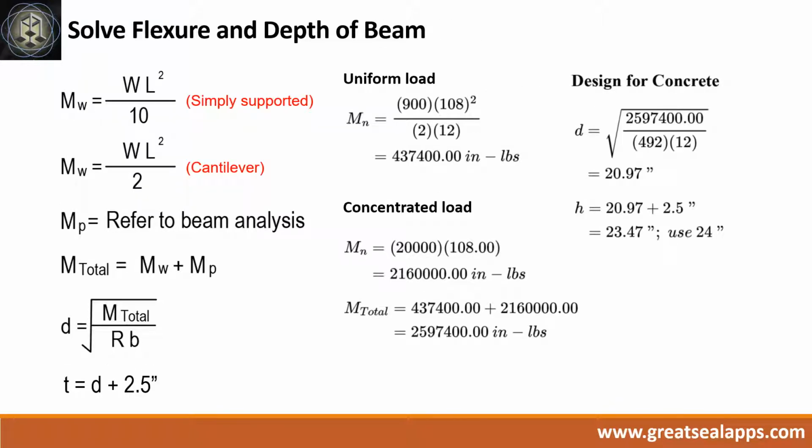Given W equals 900 pounds per foot, P equals 20,000 pounds, and L equals 9 feet, the moment from uniform load is 437,400 inch-pounds, and moment from concentrated load is 2,160,000 inch-pounds, for a total design moment of 2,597,400 inch-pounds. The effective depth is 20.97 inches, and total depth is 24 inches.